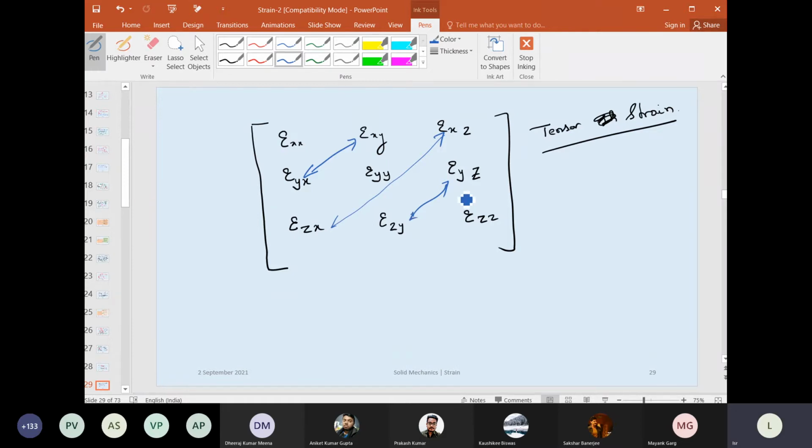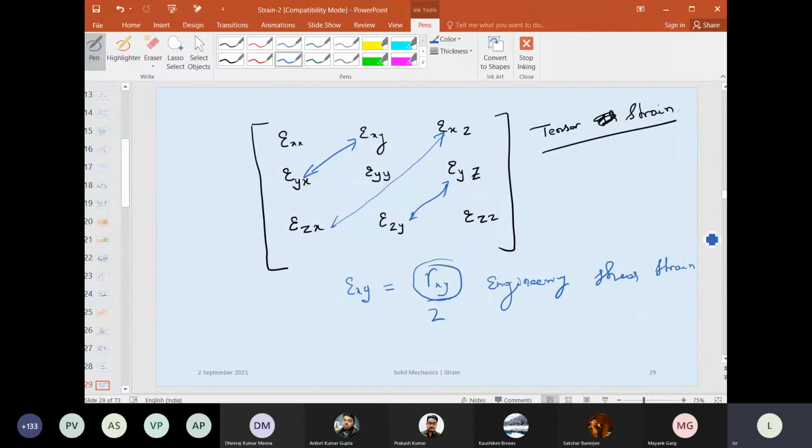Okay. So this is how we know that the tensorial quantity epsilon xy is gamma xy by 2. Why we introduced gamma xy, we call this engineering shear strain, because it is very attractive.